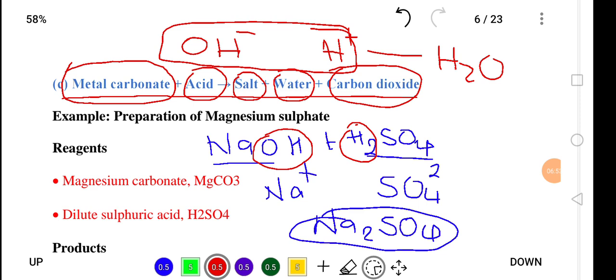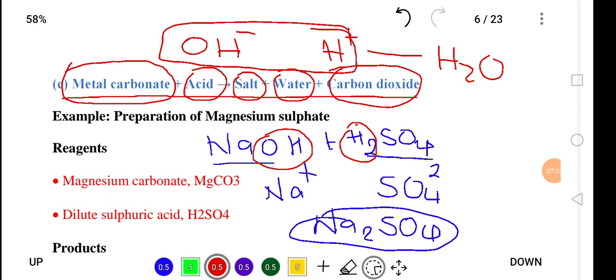Now, when we are reacting a carbonate, the same happens, where metal carbonate behaves just like a base. That's the reason why carbonates are bases. And in most cases, these basic salts are prepared by reacting the weak acid with a strong base.